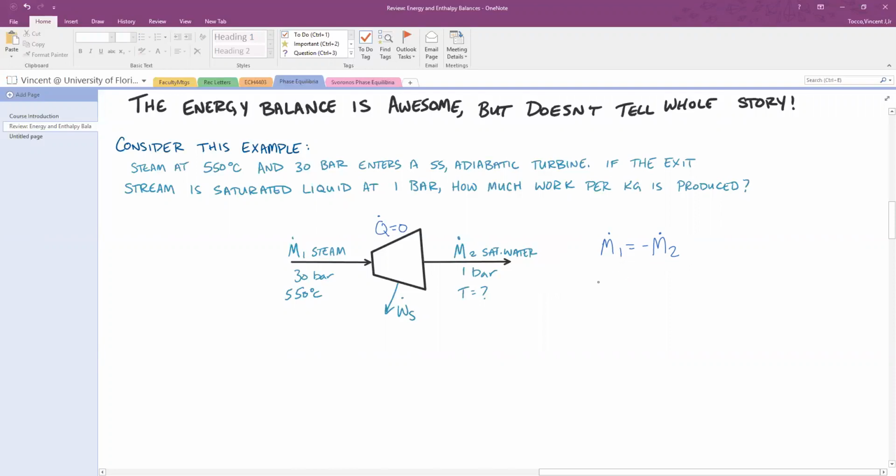All right, and the energy balance in this case simplifies to: it's steady state, so I've got 0 for the time derivative term, so dU/dt is 0, equals energy in minus energy out.